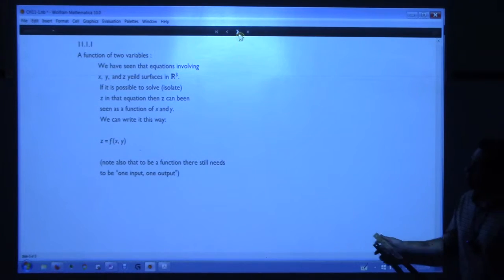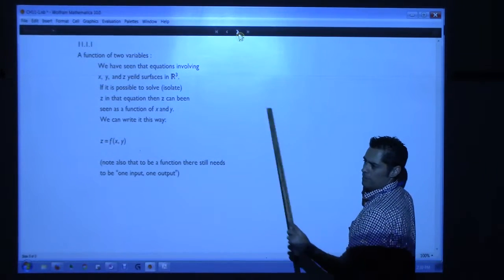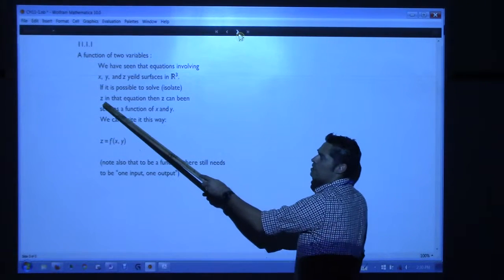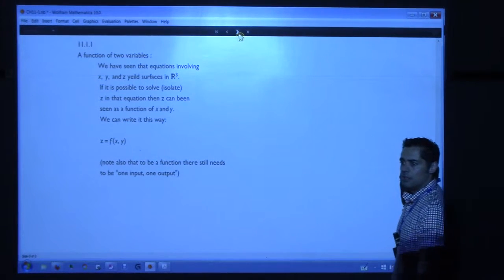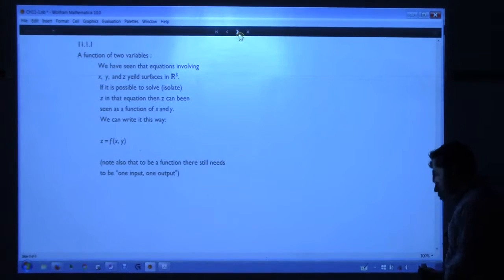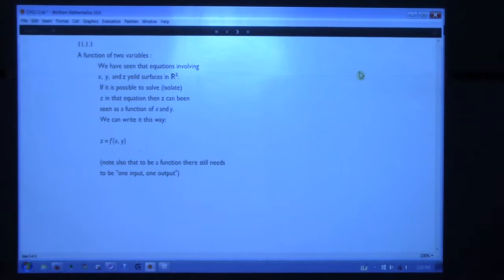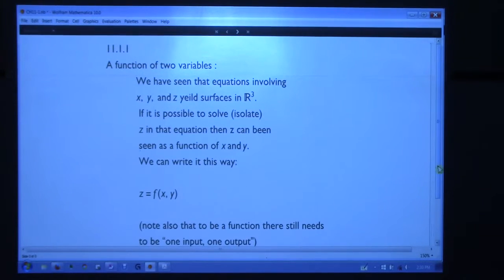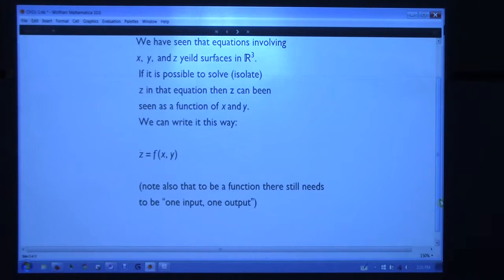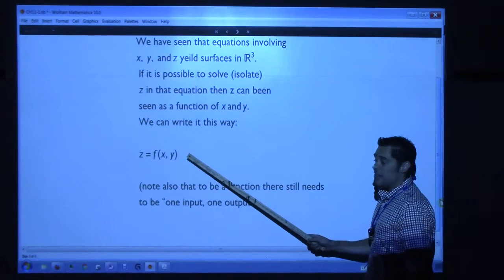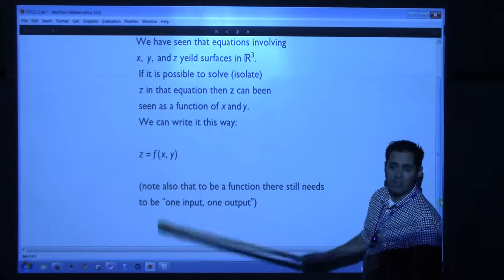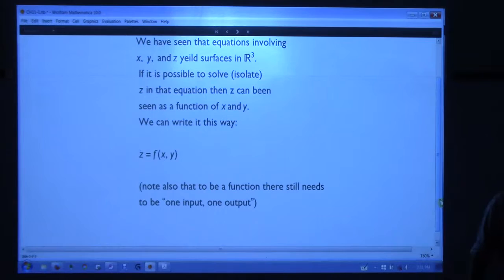But if you can take that equation and solve it for one of the variables, like z, so you get z on one side of the equation and the other side just has x's and y's, then we can say that z is basically a function of x and y.